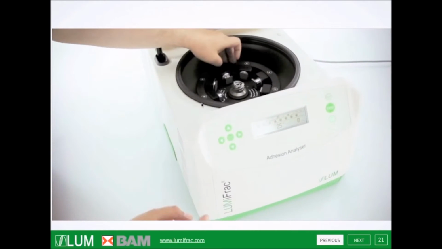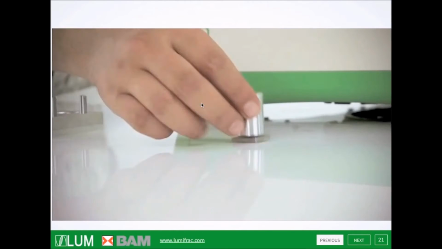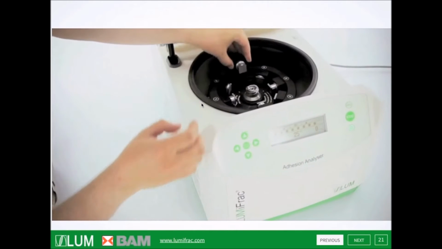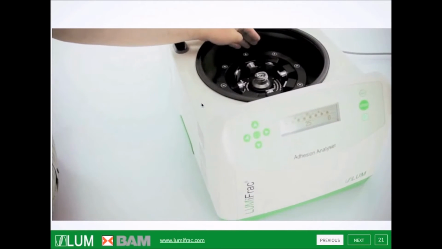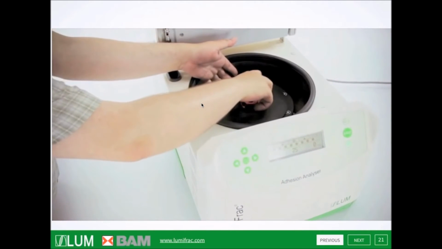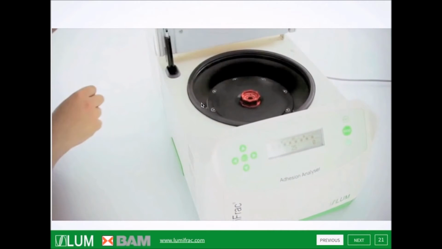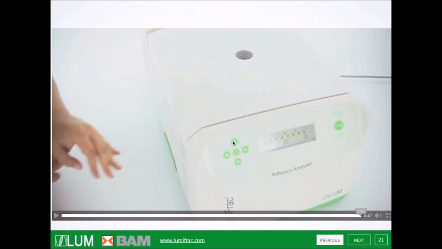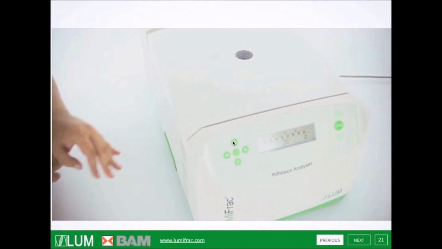You do this with all the 8 samples, and normally it takes you about 1-2 minutes to insert all the 8 samples. You close the rotor, you close the centrifuge, and this is everything for preparing the measurement.